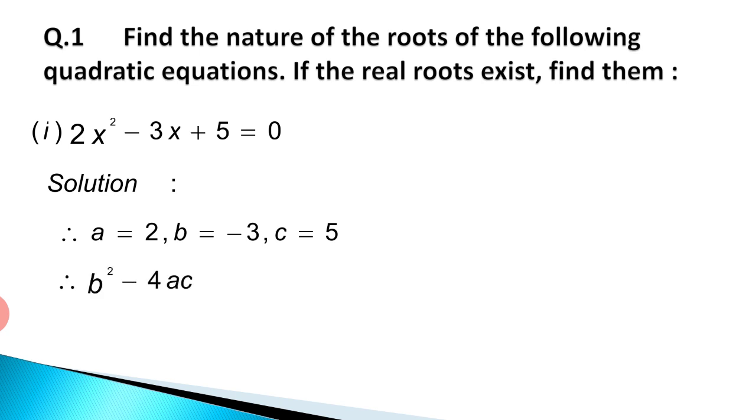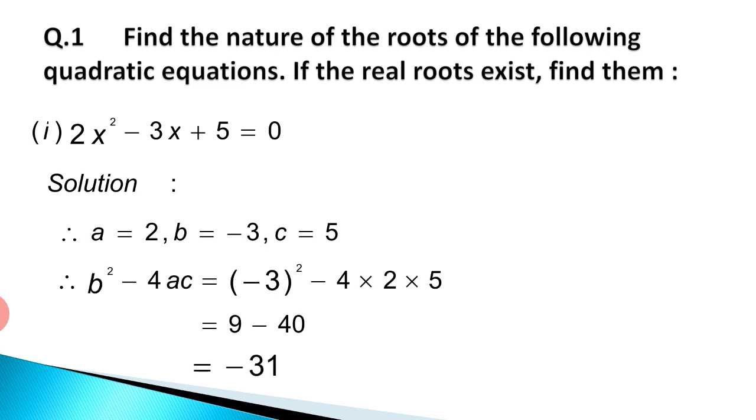Now check b square minus 4ac. So you will find minus 3 whole square, minus 4 into 2 into 5. So then it will be 9 minus 40, because 4 2s are 8, 8 5s are 40. That is minus 31. Negative value, that means no real roots. Is it clear?